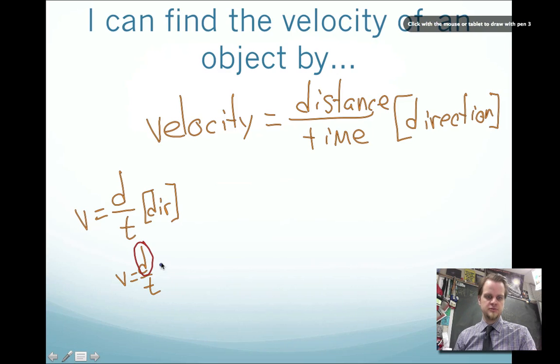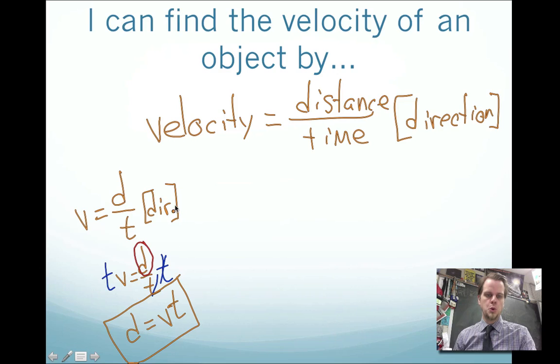Well, I have to multiply both sides by t. So the t's cancel out. And what I'm left with is d equals v times t. There's another essential equation. There's two of them. Okay. This dir isn't a variable. This is just something to remind you that there's a direction. There's really no place for it in the equation, but I put it in there so you remember it.